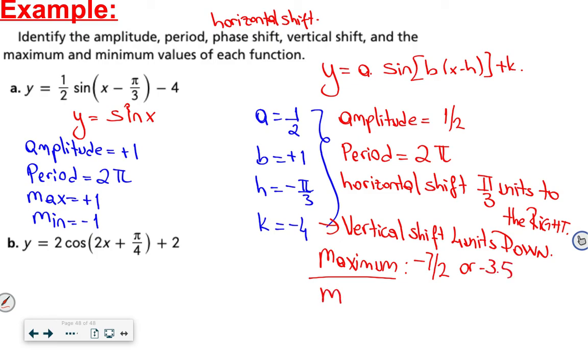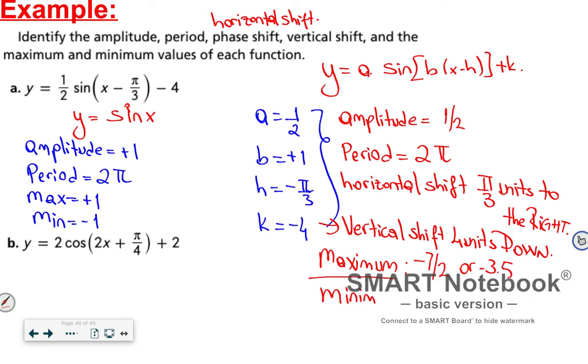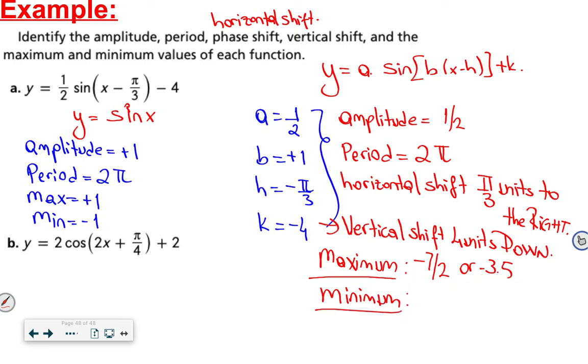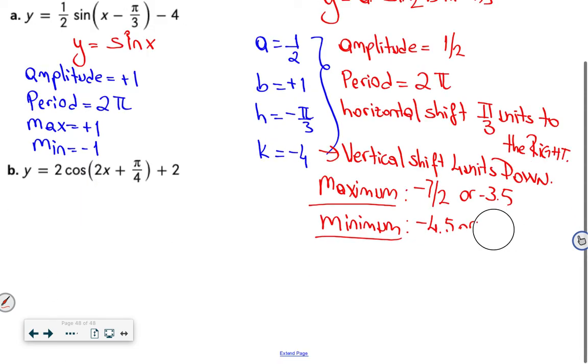And your minimum is going to become negative 1/2 minus 4, which is negative 4.5 or negative 9 over 2. And these are your answers for the first part.